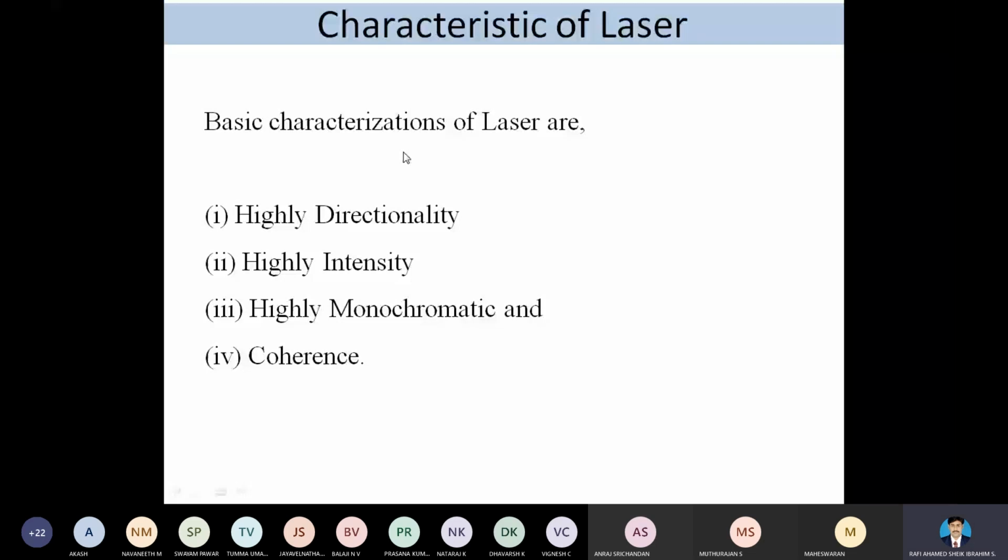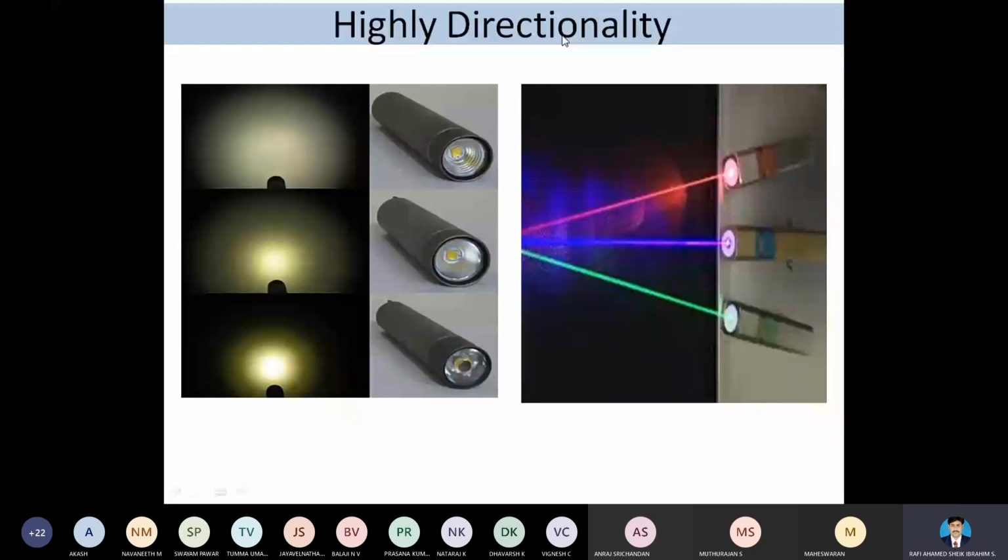The first characteristic is high directionality. So usually to study the laser action, we compare this laser mechanism with the ordinary light. So I have taken the comparison here between the ordinary light and laser.